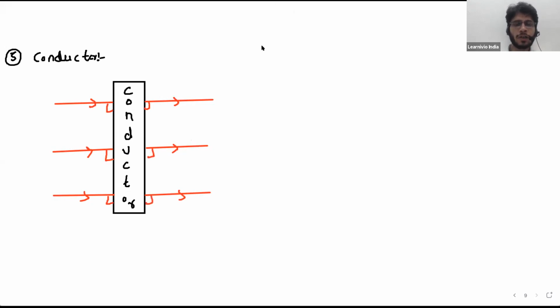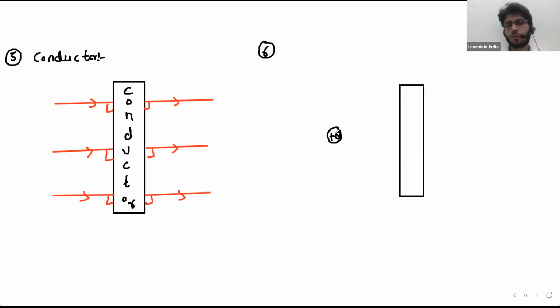After conductor, if I give you two things, one charge and another conductor, say a positive charge Q and a conductor, then this positive charge will induce some negative charge over the conductor on one side, and it will induce some positive charge on the other side.